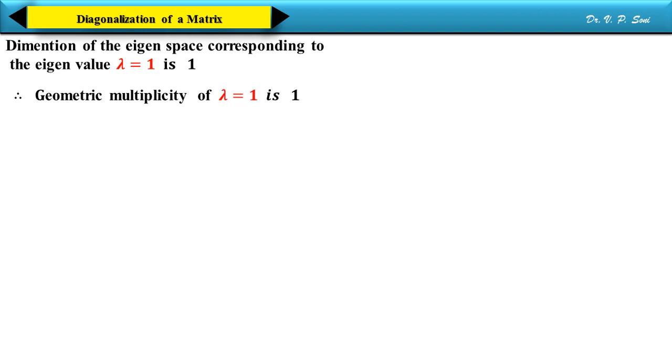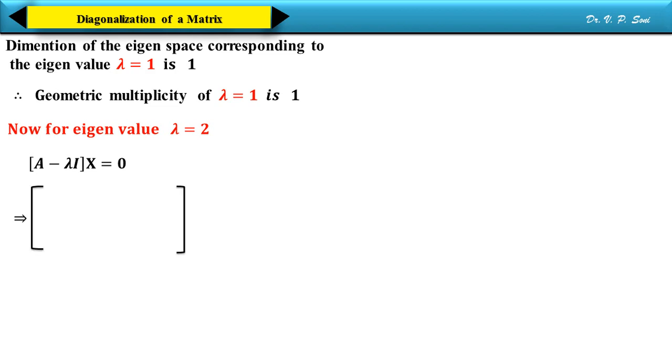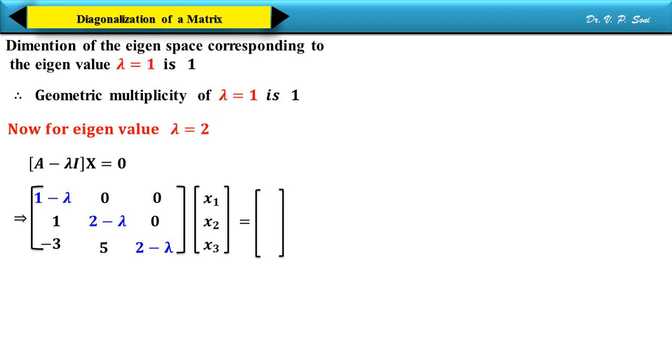Now for eigenvalue lambda equal to 2, matrix A minus lambda I into matrix X equal to 0 matrix. This implies matrix whose first row 1 minus lambda 0, 0, second row 1, 2 minus lambda 0, third row minus 3, 5, 2 minus lambda into column matrix x1, x2, x3 equal to column matrix 0, 0, 0.